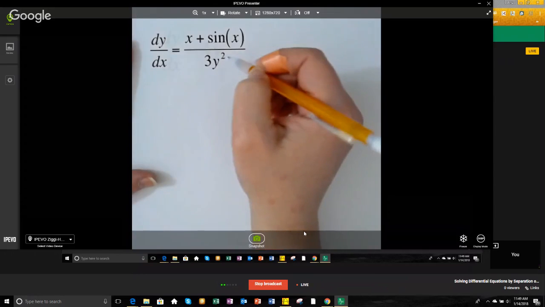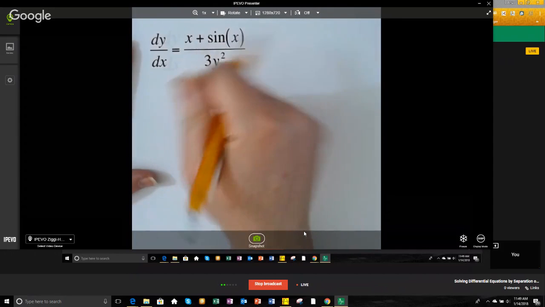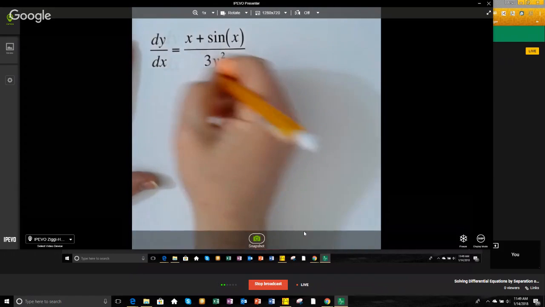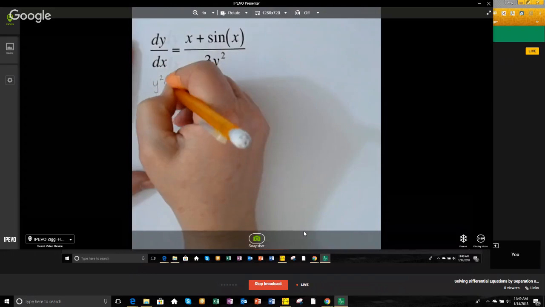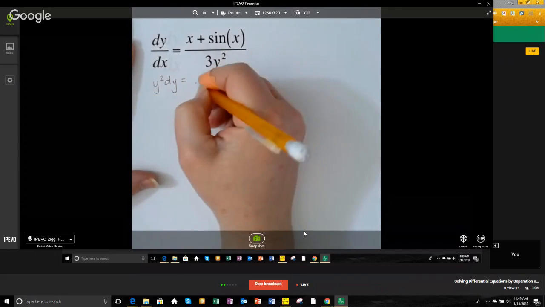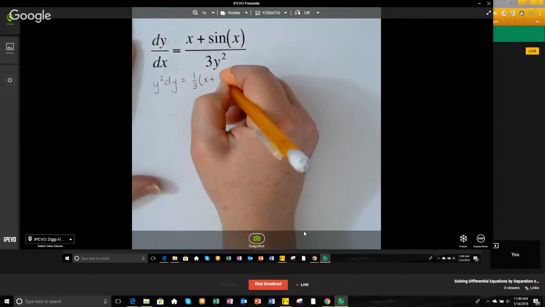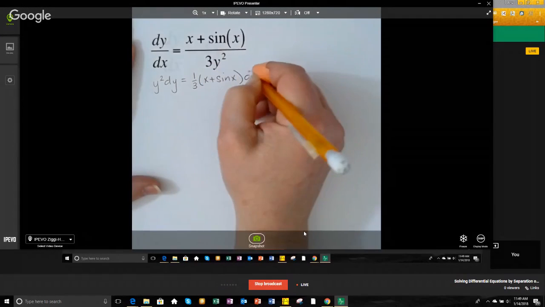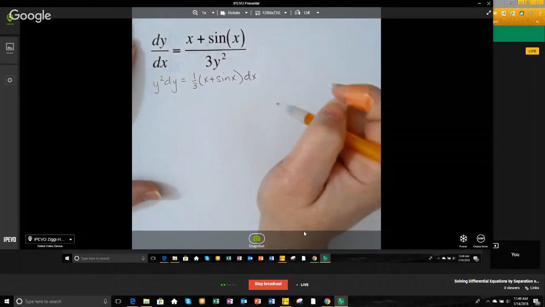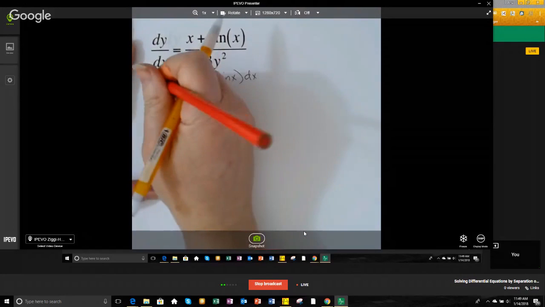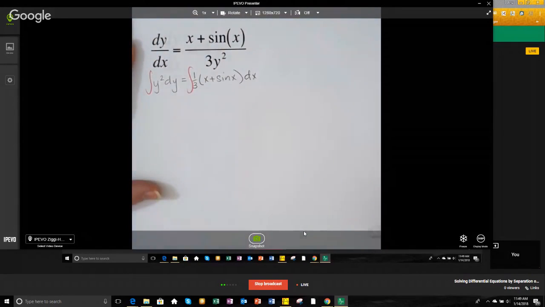So I always leave the constants on this side so I don't have to move them back in the end. So I'm just going to move the y squared over and get dy equals 1/3 times x plus sine x dx. And I've now separated the variables, so I'm pulling out my magic integral marker.